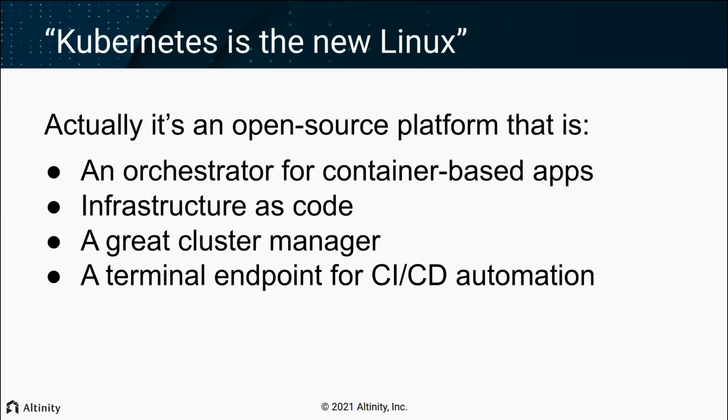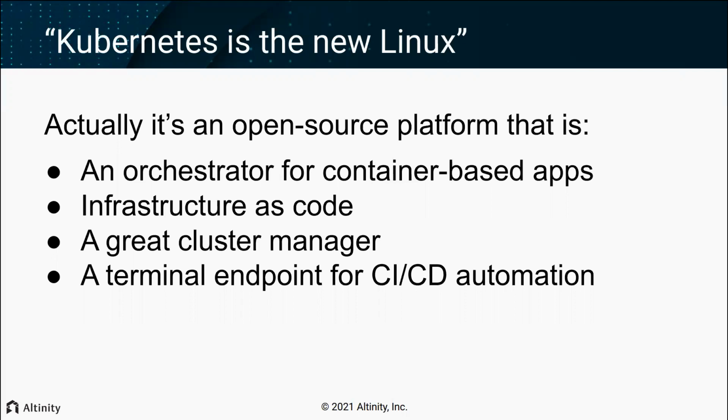First and foremost, it's what we call an orchestrator for container-based apps. So a container is something like Docker, although there are other kinds. It's a way of packaging software, specifically processes, and running a bunch of them together. And Kubernetes is designed to take these applications that consist of containers, deploy them, and manage them.